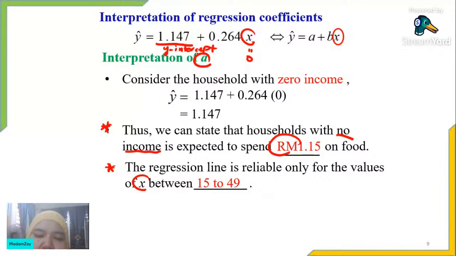If we have the X, dia kata find the expected expenditure. If the income is, let's say 5, can we find it? Okay, so it's not in the range, so we have to come out with some reasoning there. Okay, later we will see it in example. Next example. So how to interpret B?